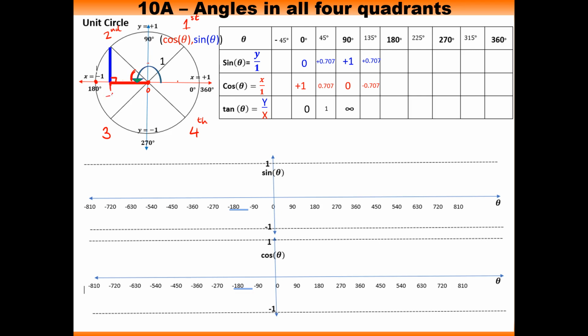This is negative 0.707. I've put these measurements from the graph there for you. You're dividing the y value by 1, so it wouldn't change, and its tan is negative because of negative 1.